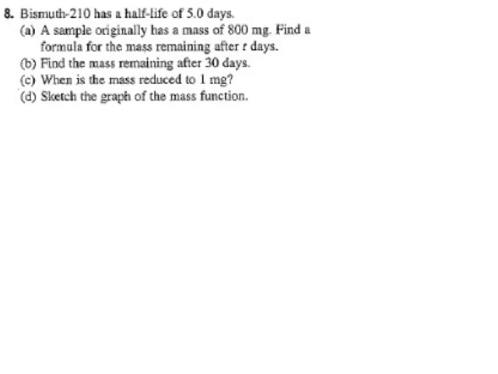Okay, for this example, you're given a chemical. Bismuth 210 has a half-life of 5 days. As soon as you see half-lives, that's going to be an exponential decay problem. And always remember that as soon as you see an exponential decay problem, we're going to use y equals c e to the kt.